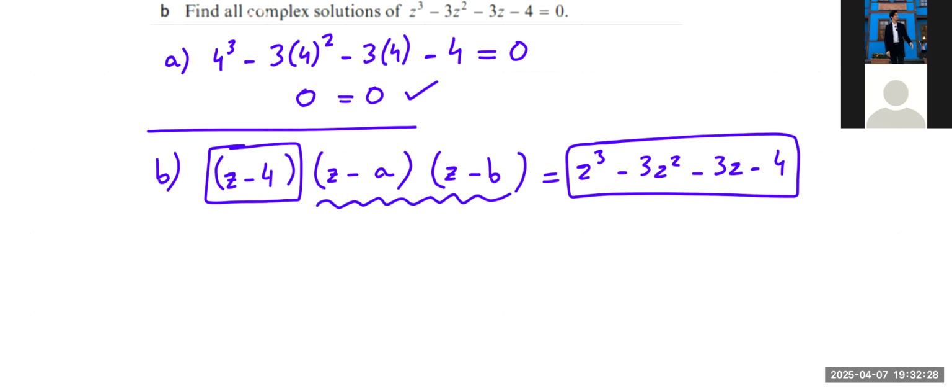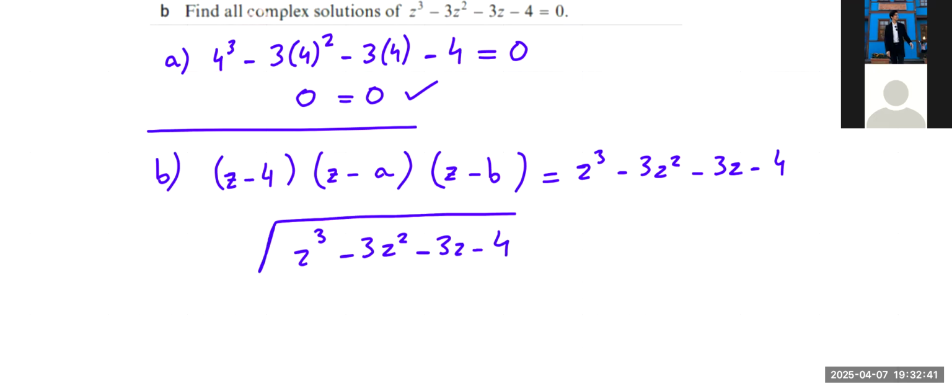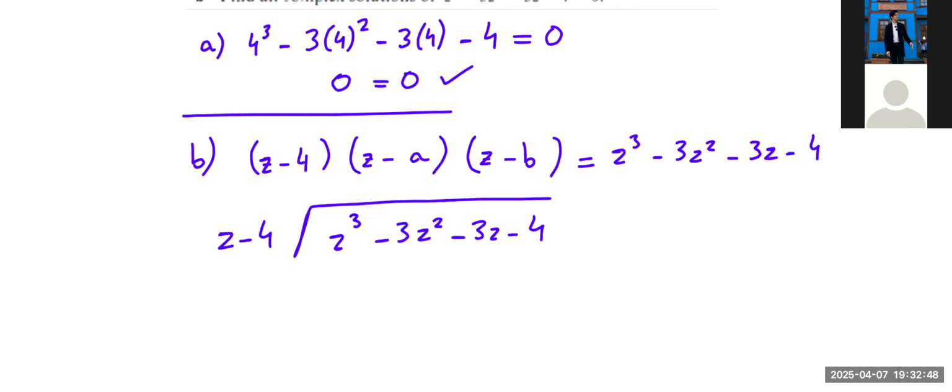So I'm going to take my entire expression and long divide it by the one factor I know is inside of it, meaning I know that this is fully divisible by z minus 4, right? So I remove it. By dividing this by z minus 4, I'm removing z minus 4 from this list of components, basically. So that's what I do.